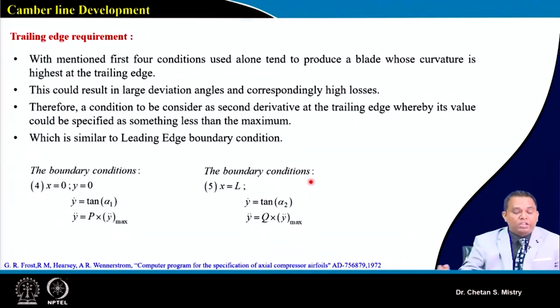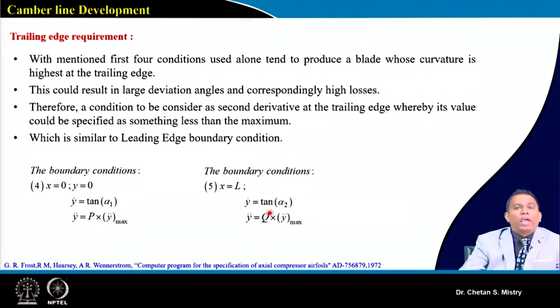So we can say these boundary conditions as, at x equal to 0, y equal to 0, that is nothing but at the leading edge my first derivative I will be putting as tan alpha 1. This alpha 1 is nothing but my inlet flow angle, and y double dot, that is the second derivative, we can say it is P, some constant, into the second derivative having maximum value.